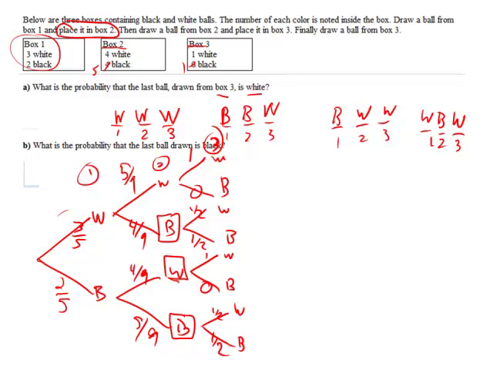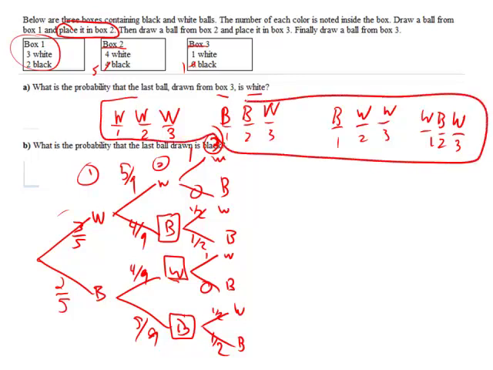Okay, and then you just multiply the probabilities for these 4 different routes that are guaranteed to end in white, and add them up. I'm sorry, I didn't say that. Get the probability of 3 whites, add that to the probability of all the other guys.